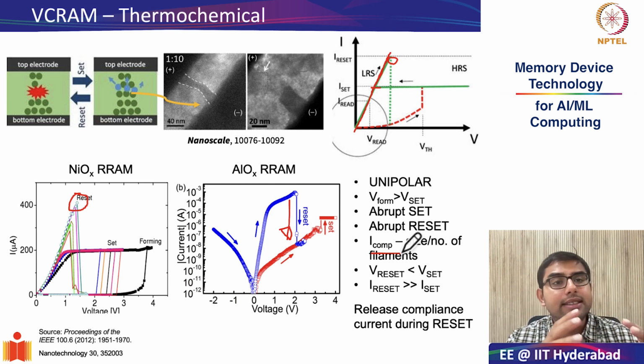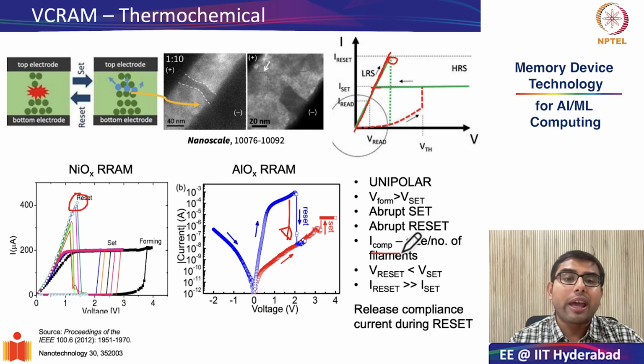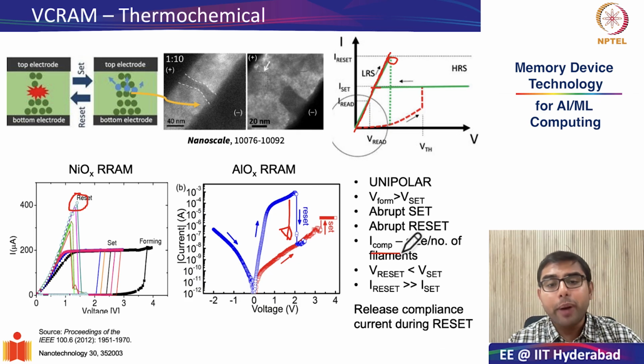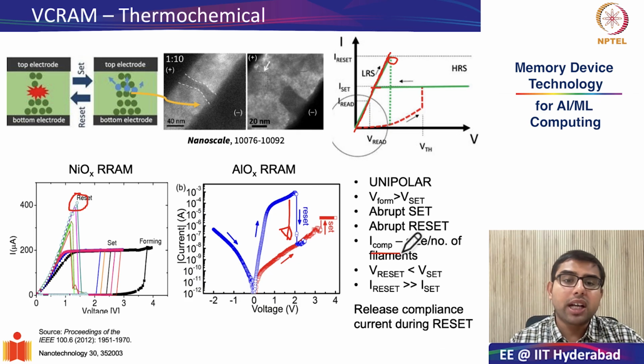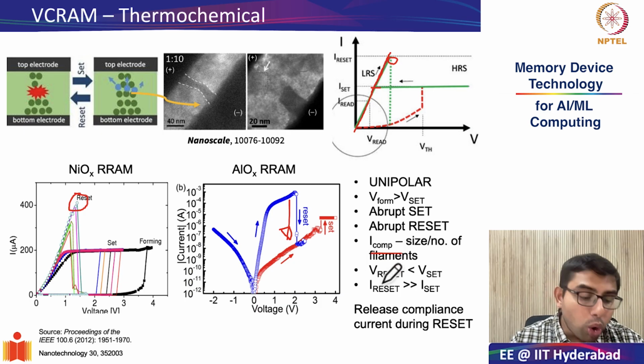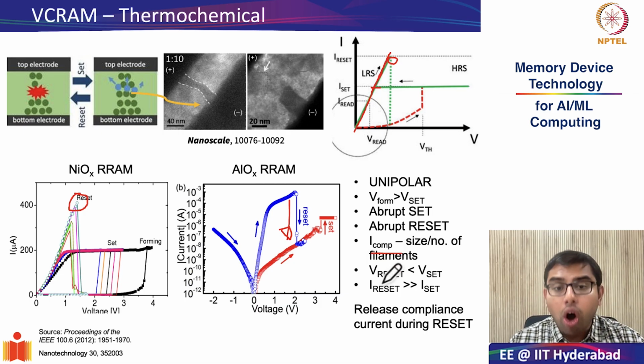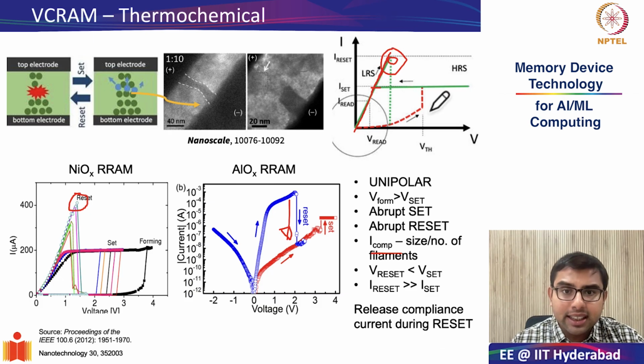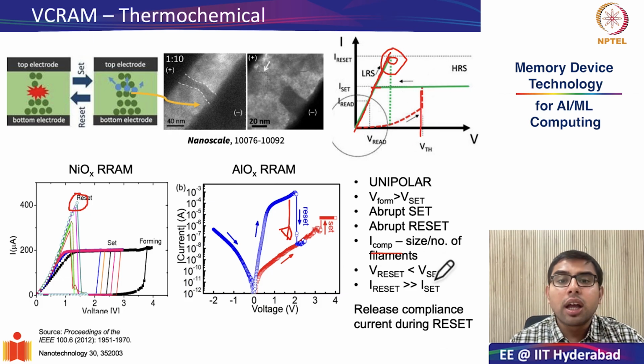However, the biggest difference we see in thermochemical cells when we compare it with electrochemical cells is the operating conditions, both for voltage and for current, of set versus reset. As we can see, the reset happens at a much smaller bias compared to the set bias. So V reset is much smaller than V set.